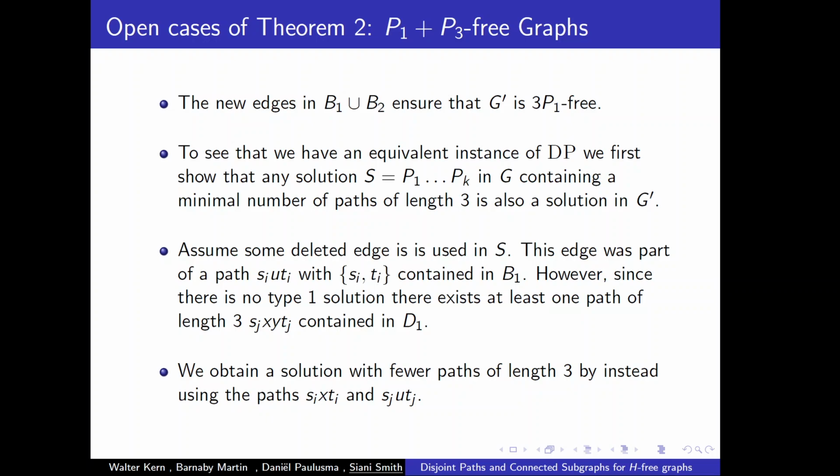The problem we have now is that we said we had a minimal number of paths of length 3, but if we swap the role of U with X or Y, we'll have fewer paths of length 3. So if, for example, we say we want Si X Ti and Sj U Tj to replace these two paths, then we have fewer paths of length 3. So this is a contradiction, and it must be that any solution in G is also a solution in G prime.